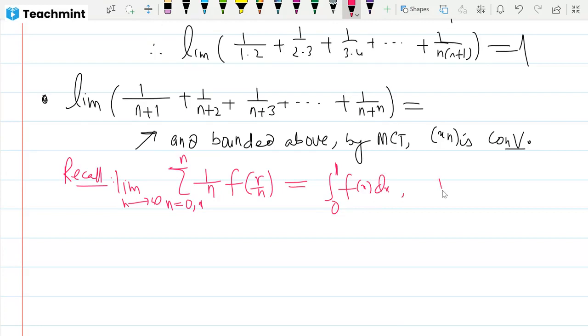So you just replace r by n as x, with lower limit 0 if the sum starts at 0 or 1, and upper limit the coefficient of n, which is 1.